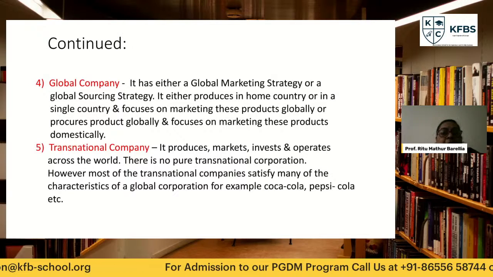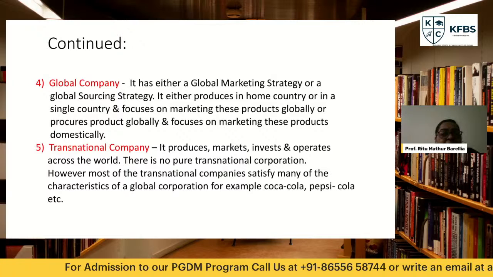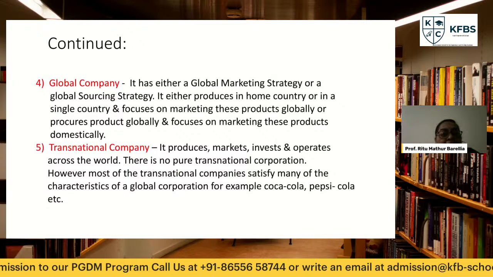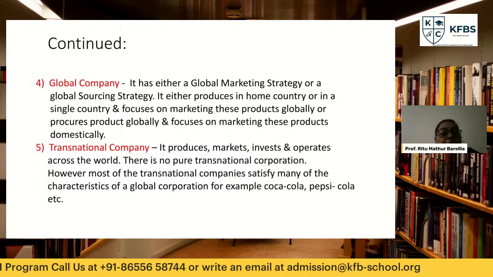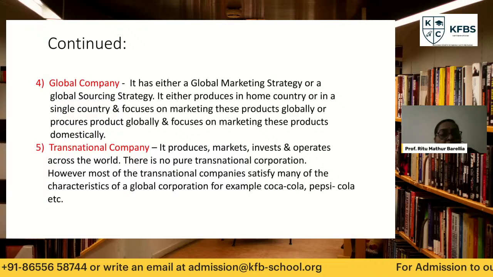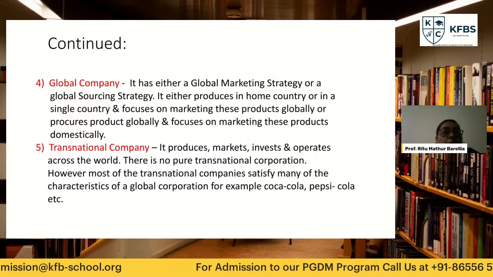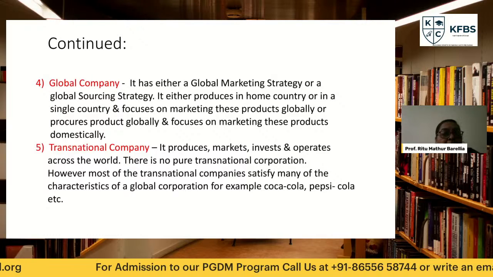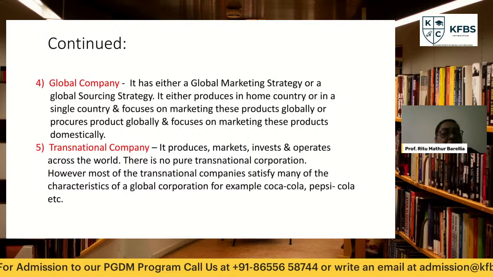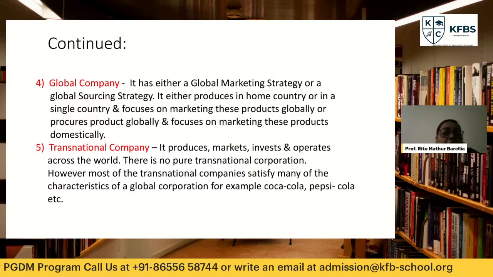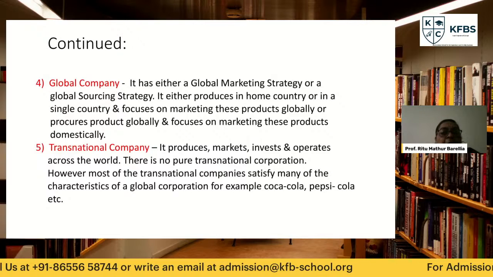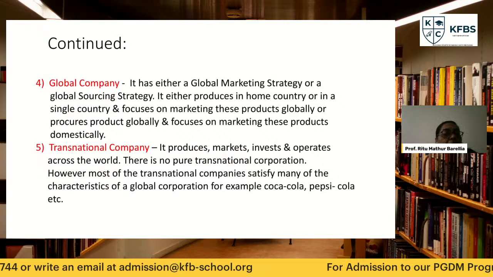A very good example of this is Harley Davidson, who manufactures its bikes in USA and markets it throughout the world. We also have global sourcing company who sources the products globally and then market it domestically. Gap could be an example of a global sourcing company.